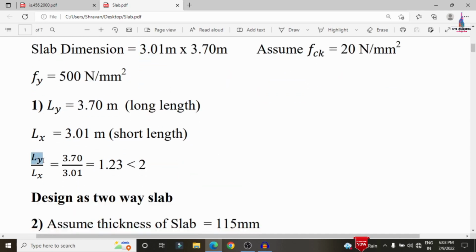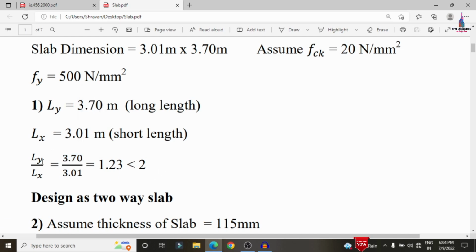If you calculate Ly by Lx, the ratio of the long span to the short span, we get 3.7 divided by 3.01, which is approximately 1.23. This is less than 2.